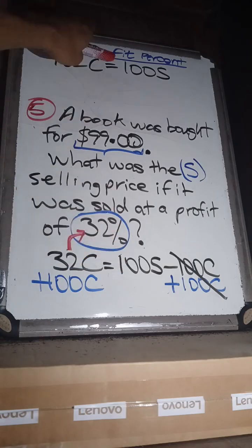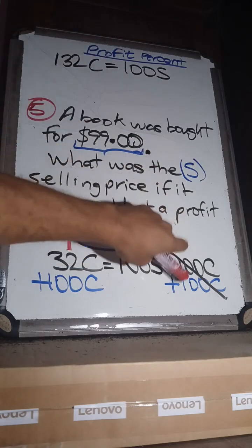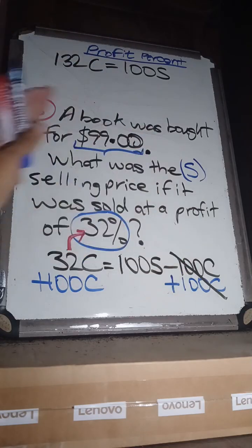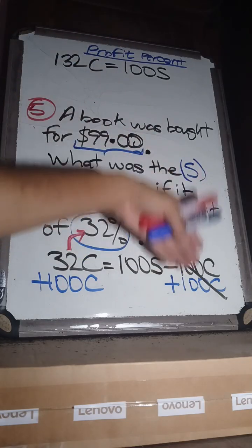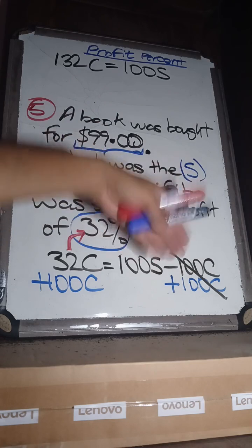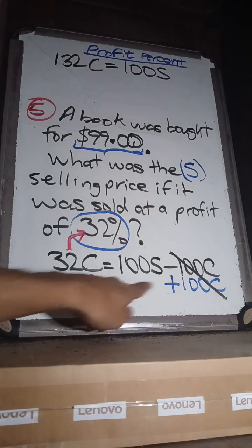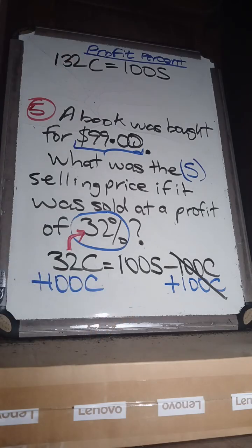The 100S minus 100C plus 100C, that is plus 100, I mean 0 is what I meant to say. When you do that, it's 100S plus 0, so it's just 100S on that side. So that's how we went from this to that up there. I just wanted to explain that.